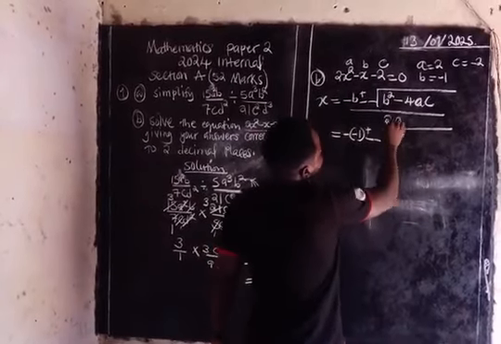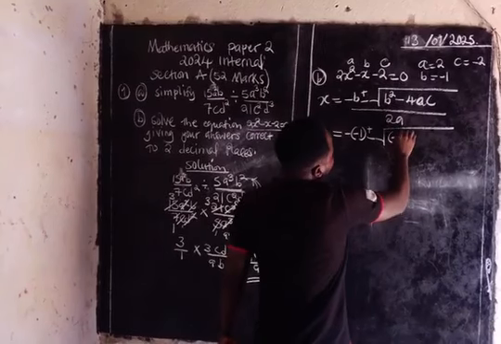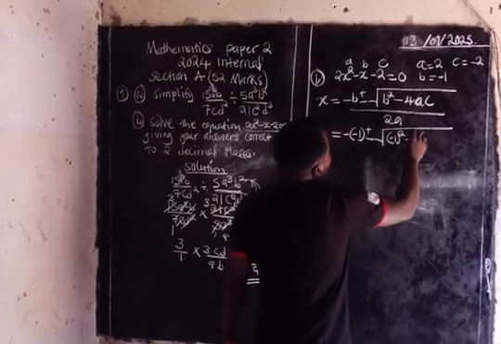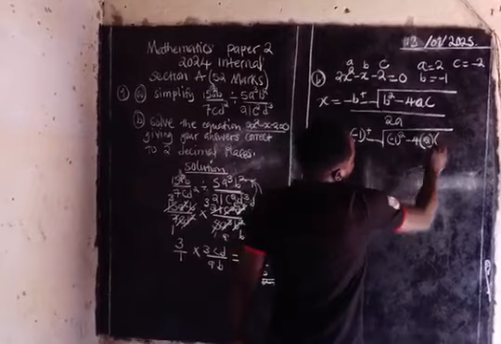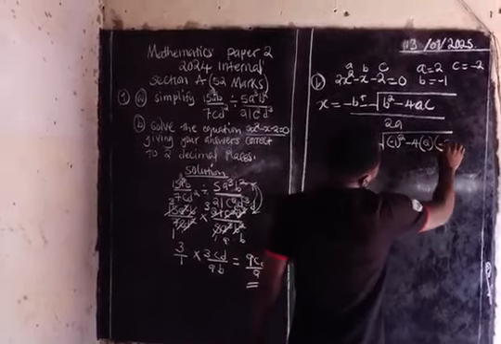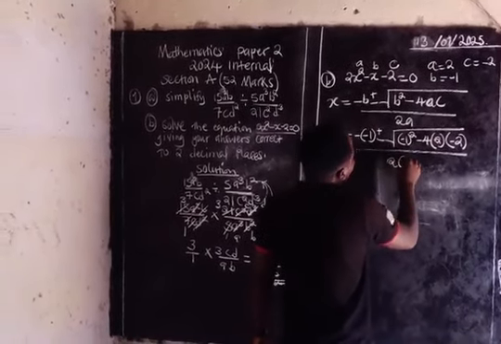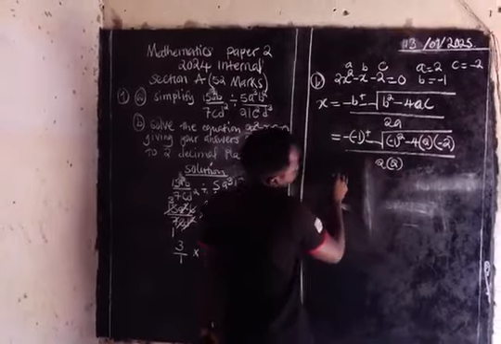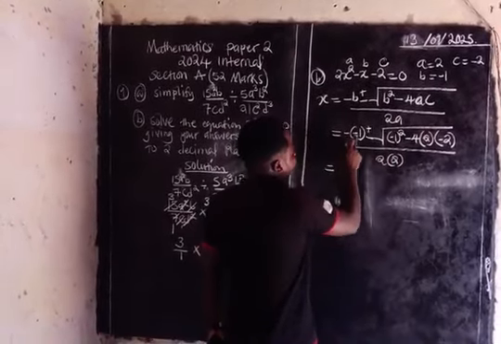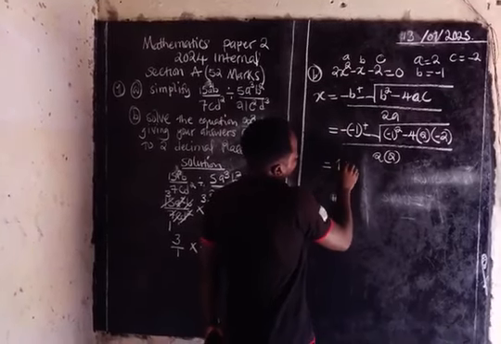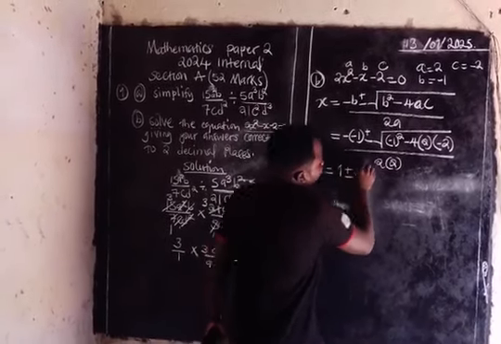Then where there is b, you put negative 1 squared, minus 4, where there is a, you put 2, open bracket, where there is c, you put negative 2, divided by 2, where there is a, you put 2.